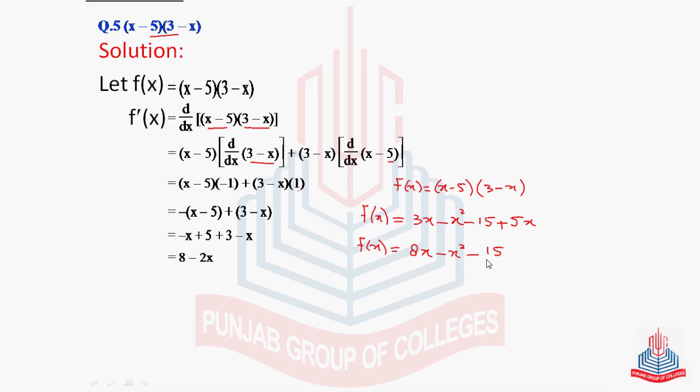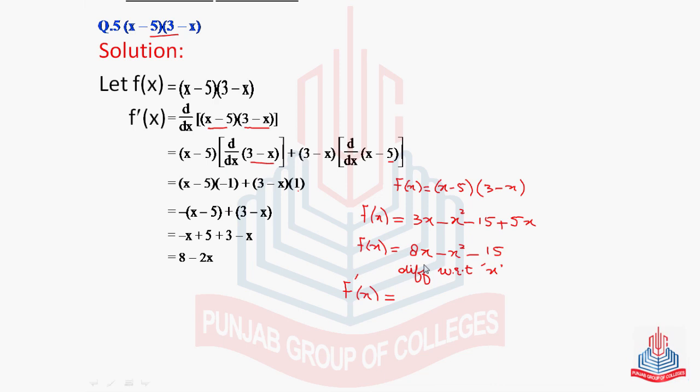As there is no more possibility to simplify this, now we apply derivative. So differentiate with respect to x. That will be f prime of x. When we apply derivative on the right hand side, derivative will apply by using a theorem.